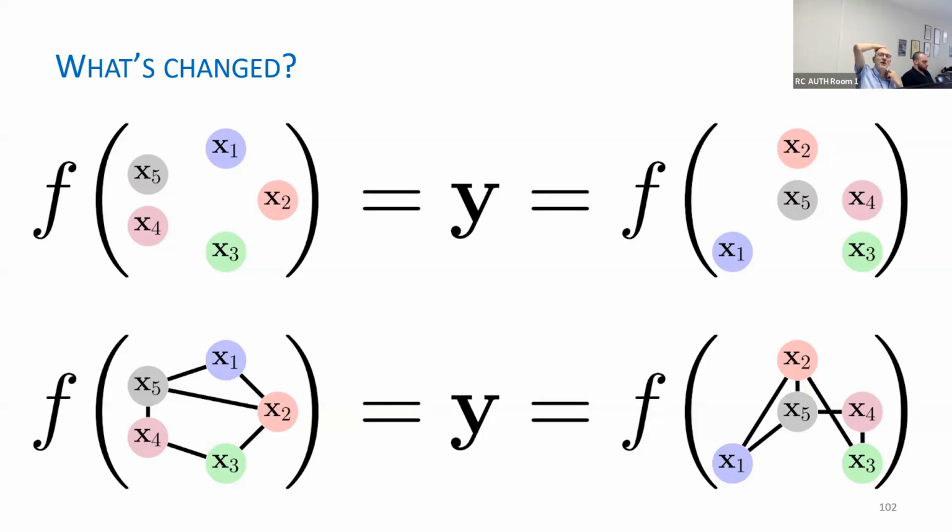For example, the node x2 is connected with x1, x3, and x5, but the position of the nodes is different. So also in this case, we would like the result to be the same. Basically, what is mainly relevant here is the connection of the nodes.